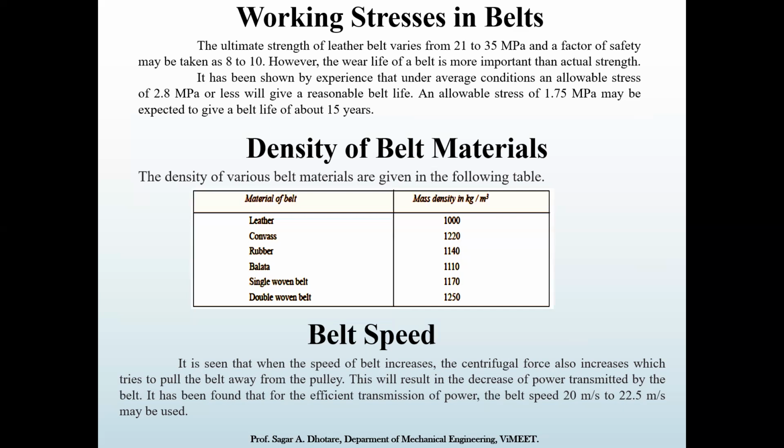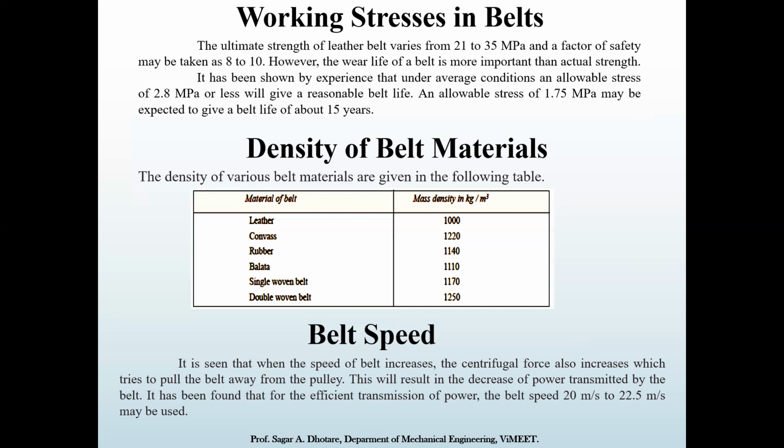Balata has 1110. Single woven belt is 1170. Double woven belt is 1250. So the lightest belt in terms of mass density is leather, which is 1000, and it is the lighter one available.